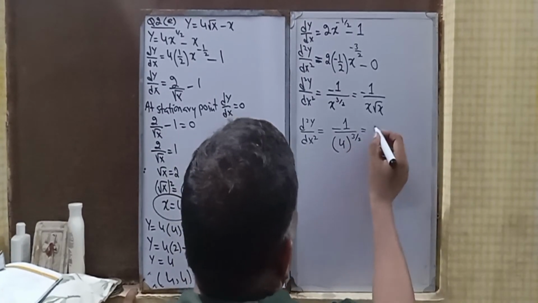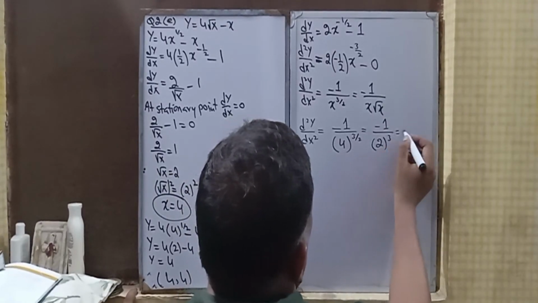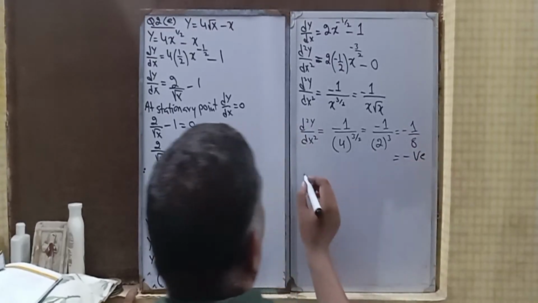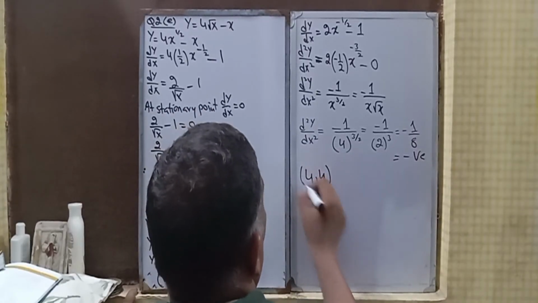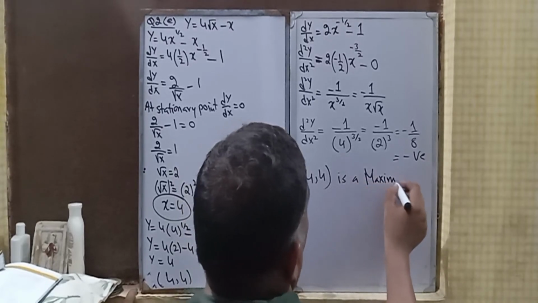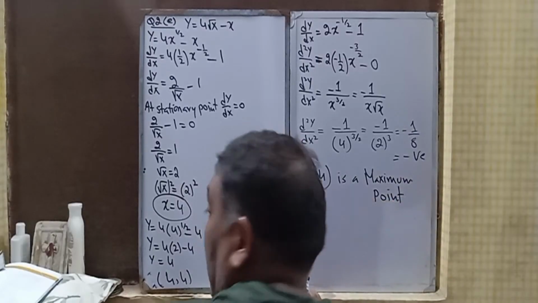So this will become minus 1 divided by the 2 raised to power 3. So minus 1 by 8. The important thing is that this is negative. So it means that the 4, 4 is a maximum point. This is what we think.